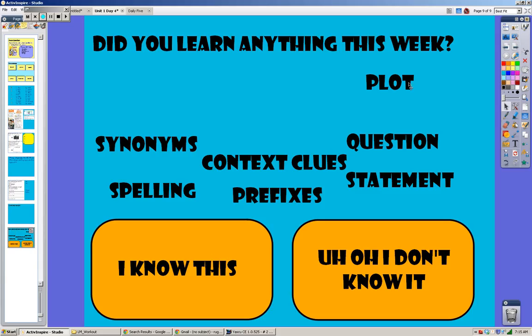How about plot? Do you know what plot is? The plot is what the story's about, basically. What the main character learns at the end of the story. We learned in First Day Jitters that new things can be scary, and that when you're starting them out, it isn't the best. It isn't the most fun.